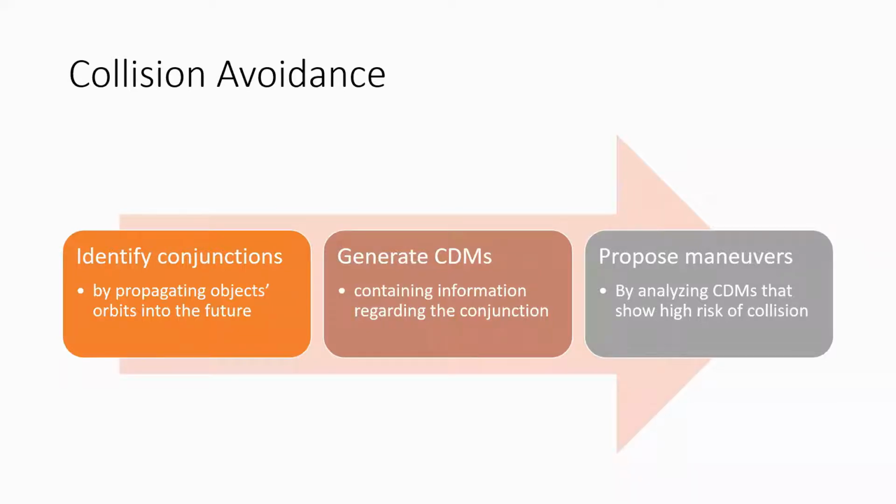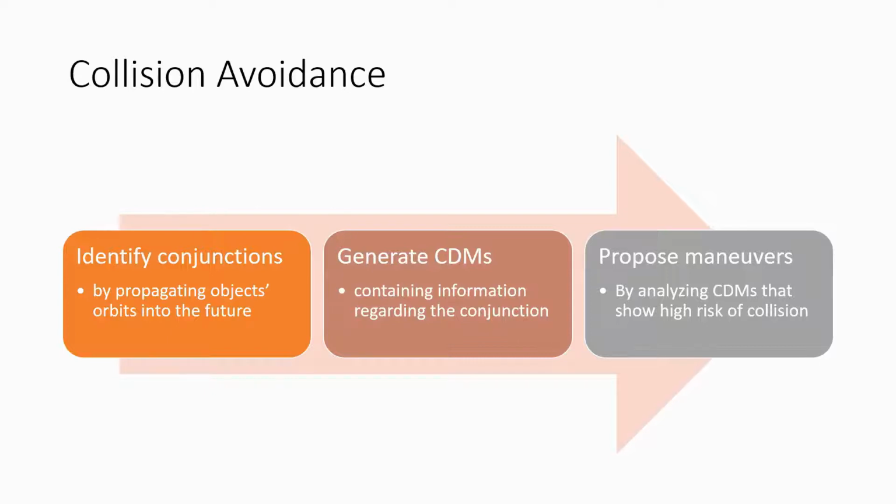And if it is greater than 1 in 10,000, a maneuver will be conducted unless it will result in additional risk to the crew itself. So collision avoidance is becoming a larger and larger part of space operations.